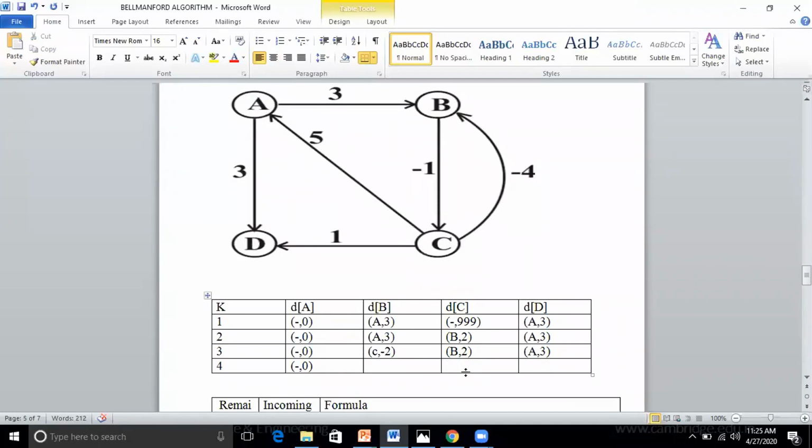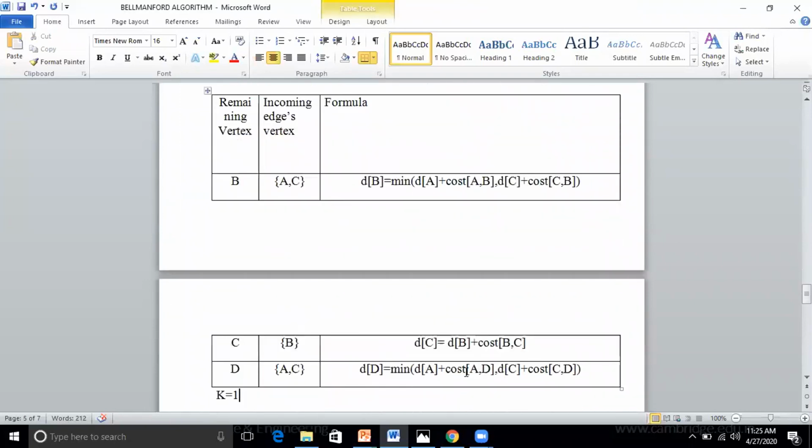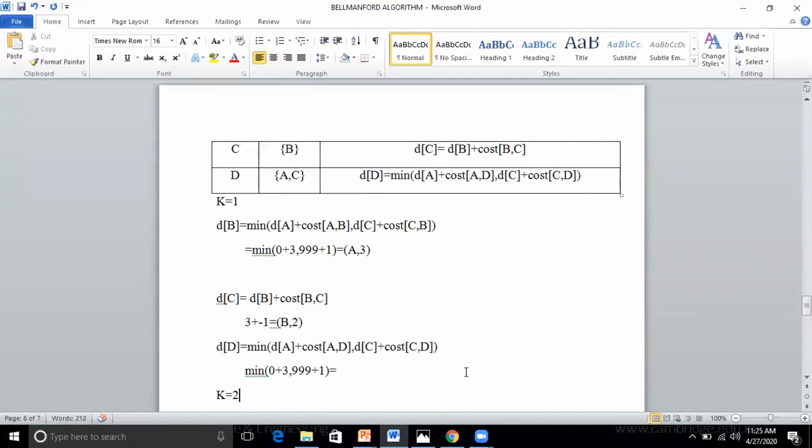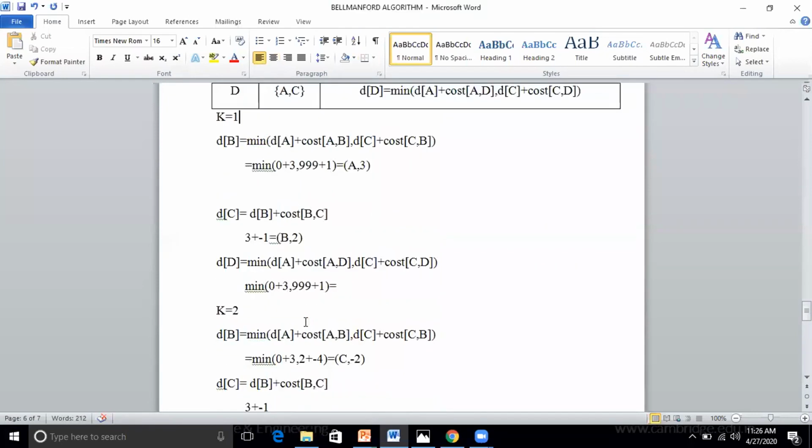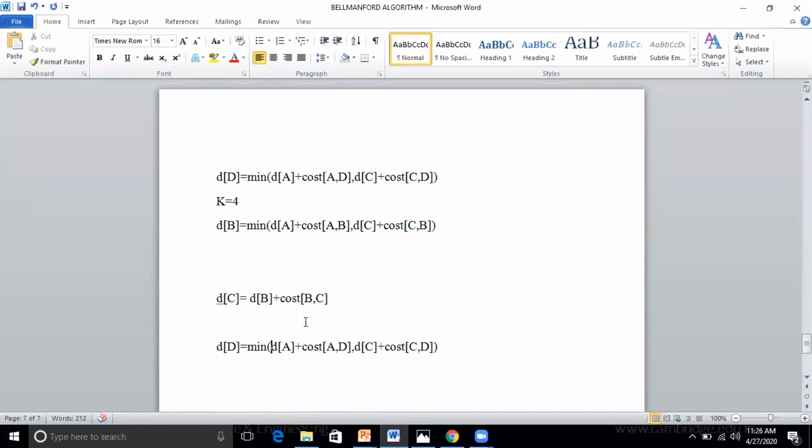Okay, so now it is B comma 2 only. 3 minus 1, 2. Correct. Thanks for correcting. D of C, 3 minus 1, it is 2. Correct.